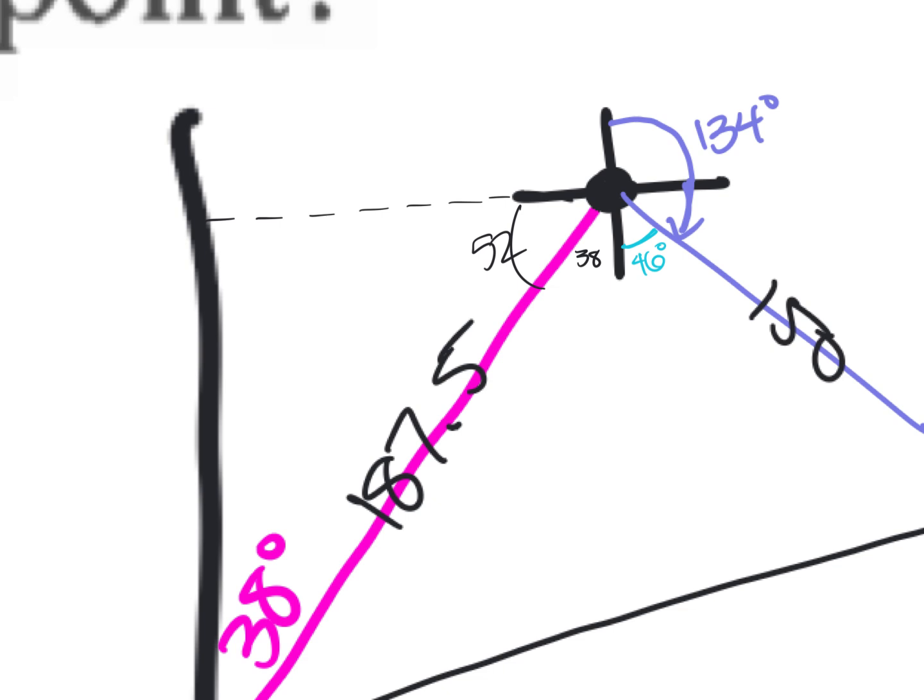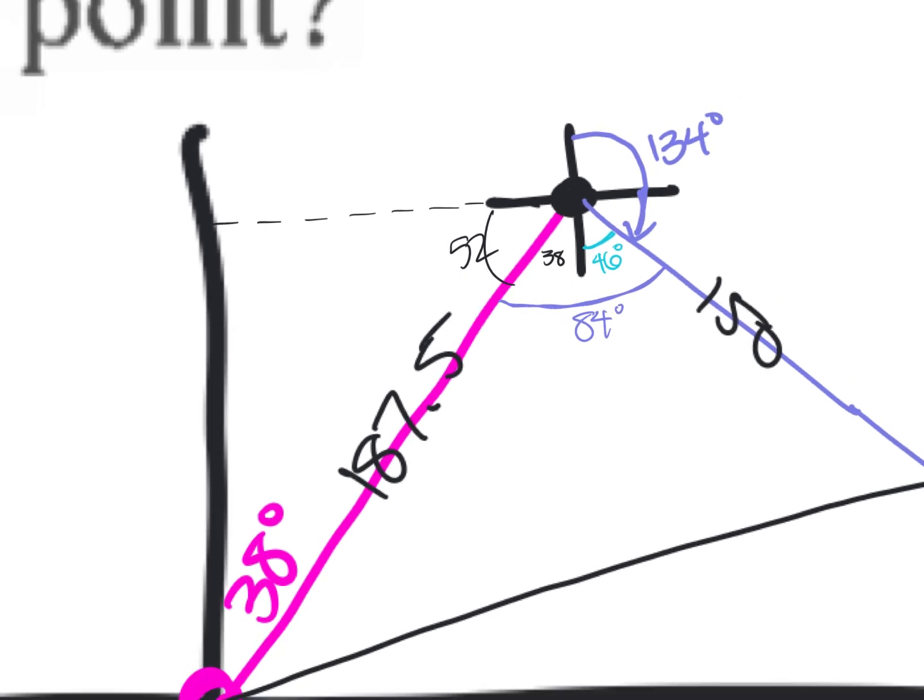All right, so alternate interior angles or complete the triangle. What does that make that entire inside angle? 84. Do we now have enough information to solve for the third side? Sure do. What do we have to use? Law of cosines.